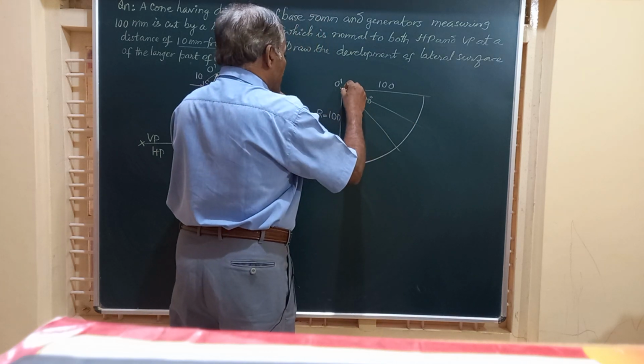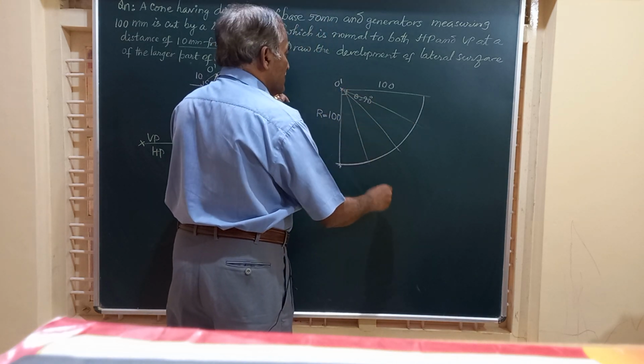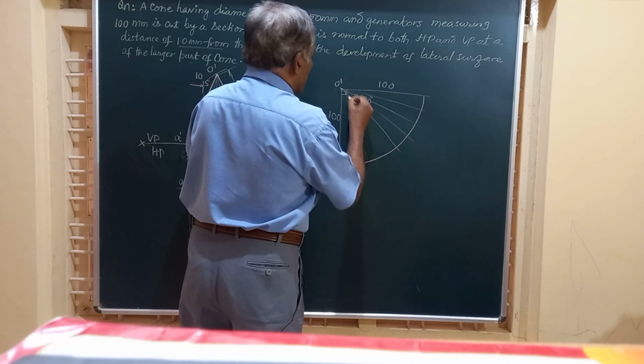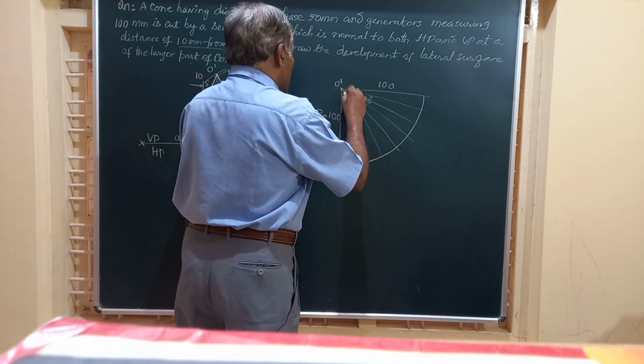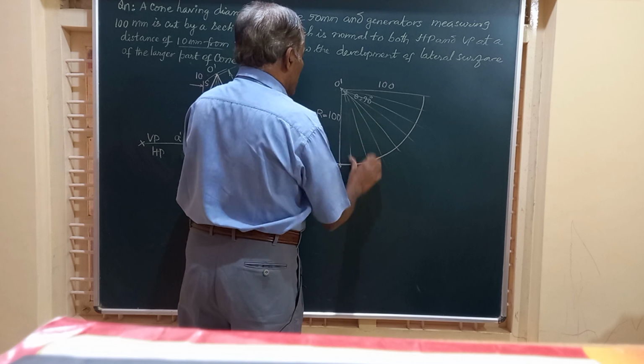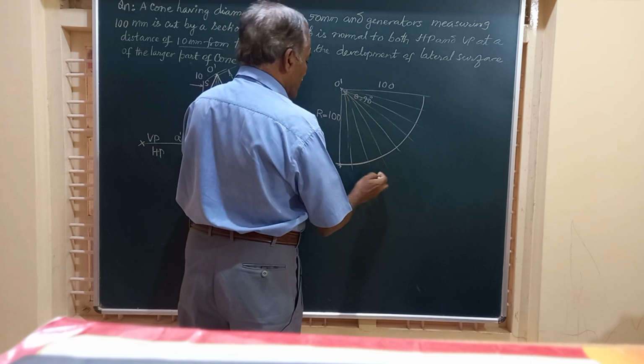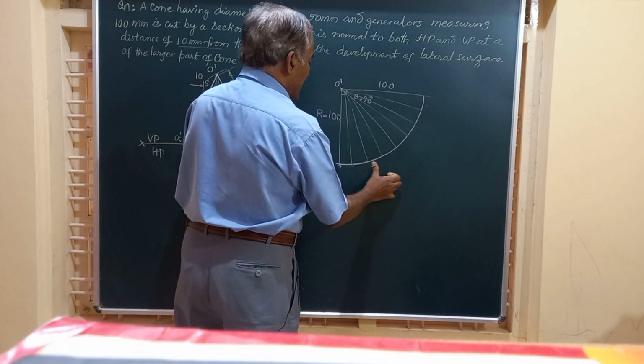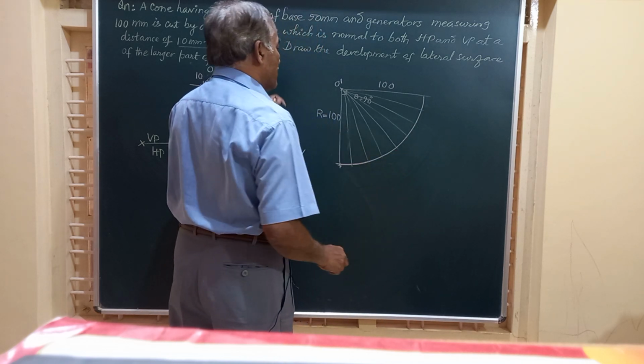Then it has become 4 parts now. Again 2 more. One here, one here, one here, and one here. So totally friends, we have divided that angle into 8 parts.